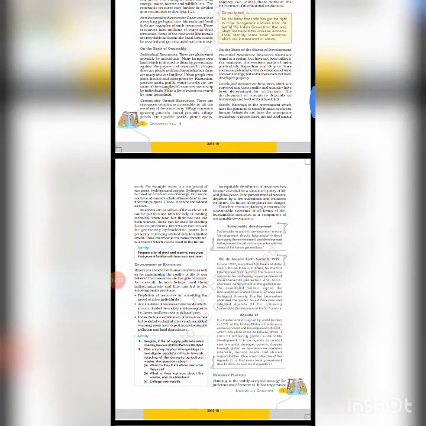Then the third one, on the basis of ownership. Any individual person could be the owner, or a community, or a national level company, or an international level company. Individual resources are owned privately by individuals.